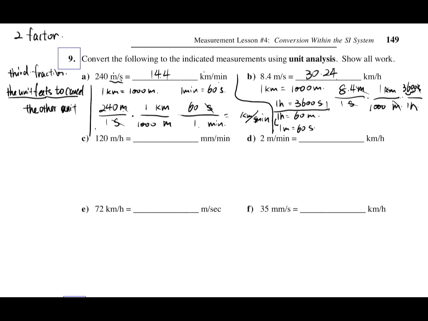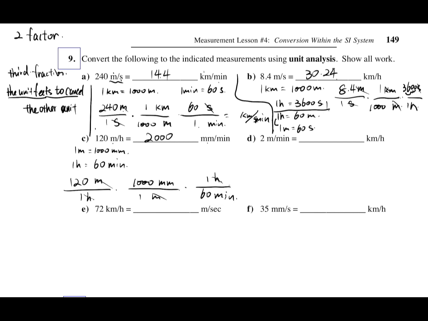For C, to mm: 1 meter equals 1,000 millimeters, and 1 hour equals 60 minutes. So it's 120 m divided by 1 h, times 1,000 mm per meter, times 1 hour per 60 minutes. We cancel everything, and here it's 2,000.